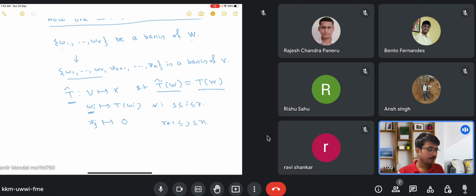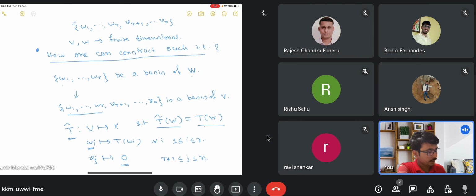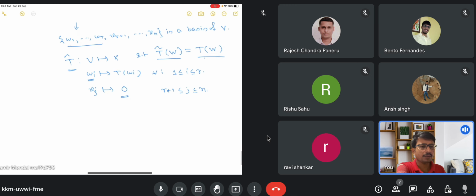One can map this to 0, one can map this to one element from the basis of X, and whatever you can map to some element of W. What is the condition? T tilde has to satisfy the linearity conditions. Here we can easily check that T tilde is linear.